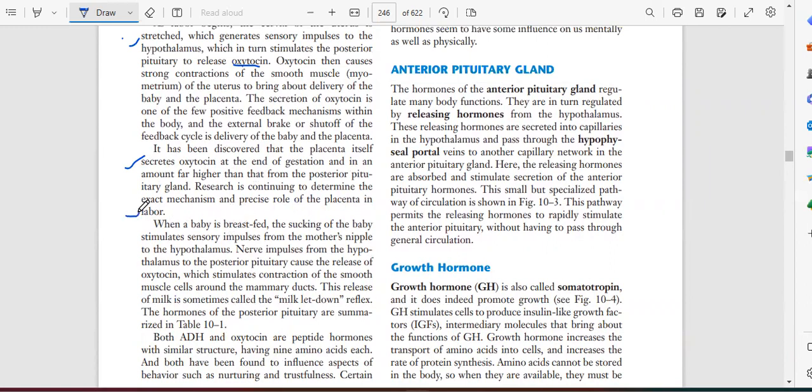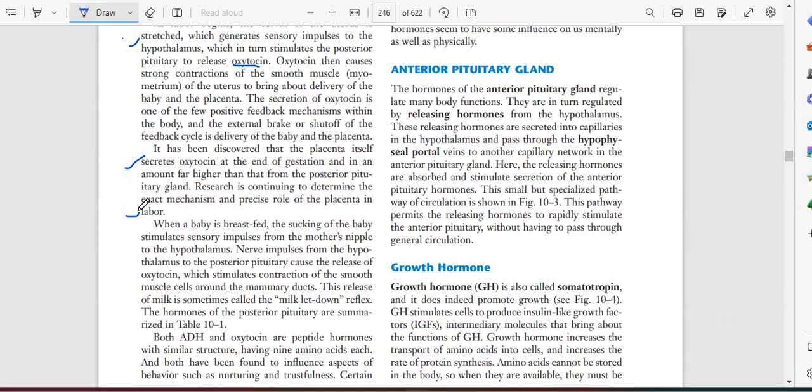So basically, one more research finding has come: the covering of the baby is known as the placenta. So the placenta also releases oxytocin during gestation. The late stage of gestation means the 9th month. So what will happen?